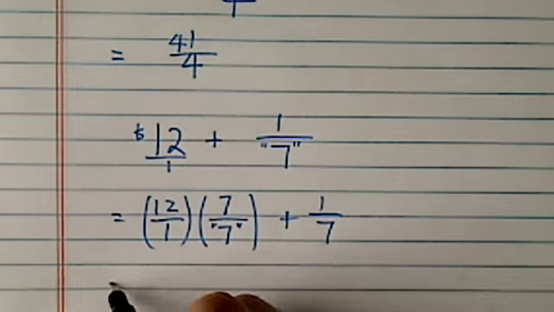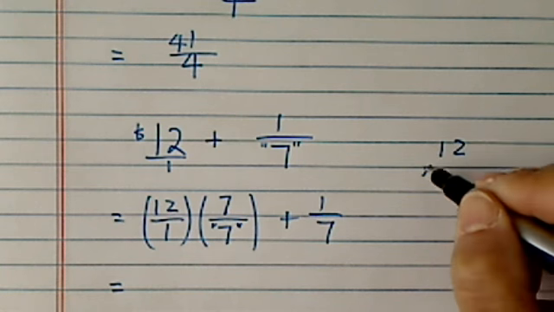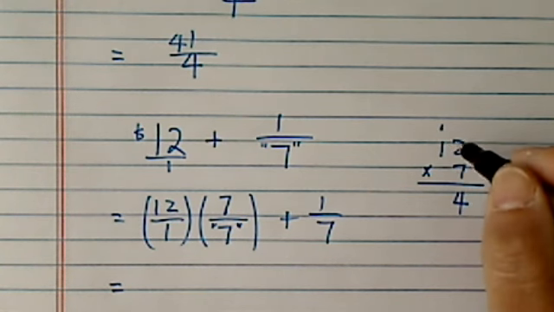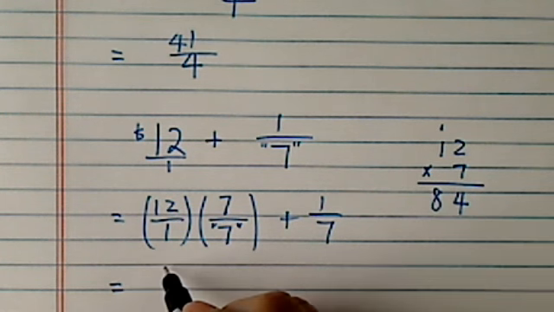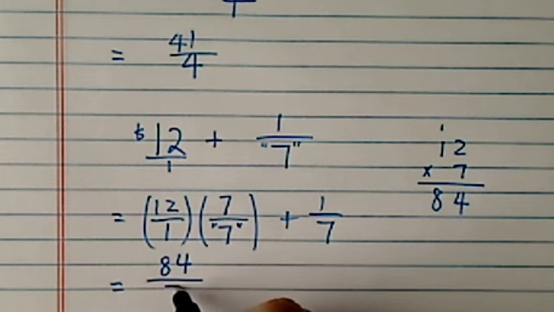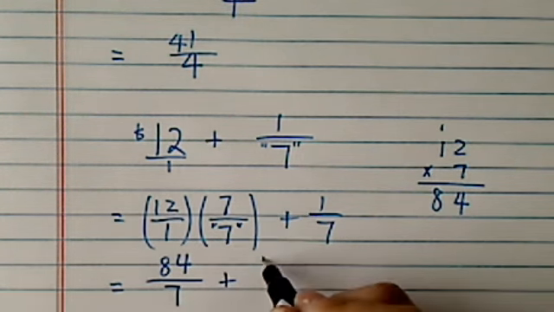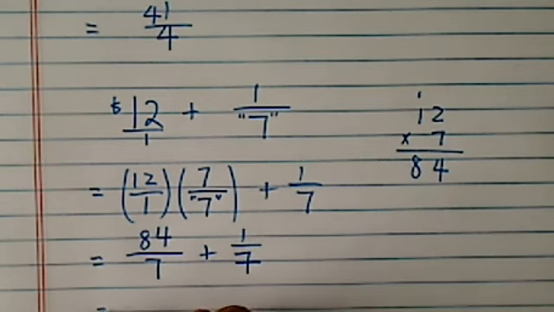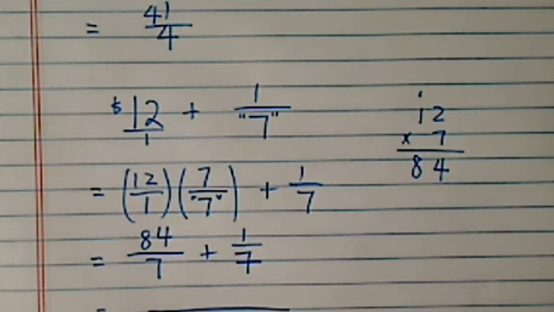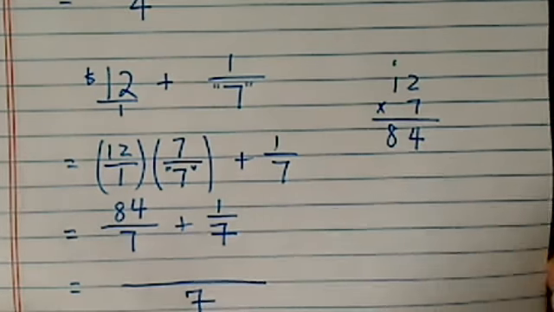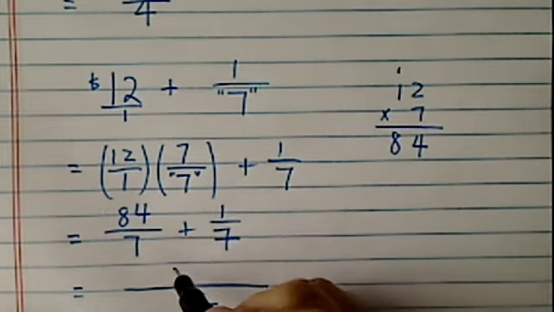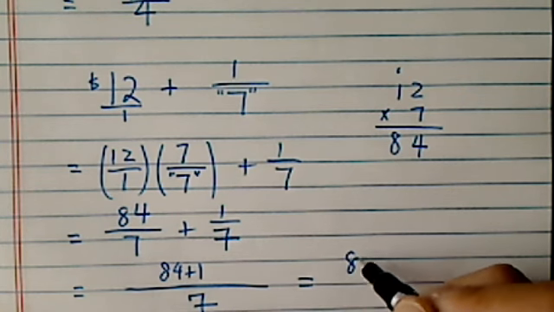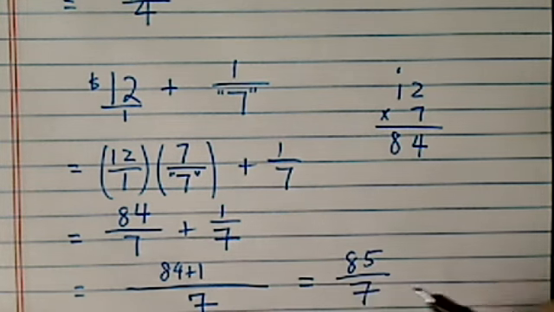Let's add it up. 12 times 7 is 84. So I have 84 over 7, same boat, plus 1 over 7. Now they are on the same boat. Let's put them on the same boat, 7 on the bottom, and then I have 84 plus 1. So I have 85 altogether over 7.